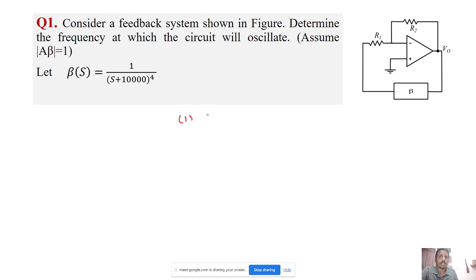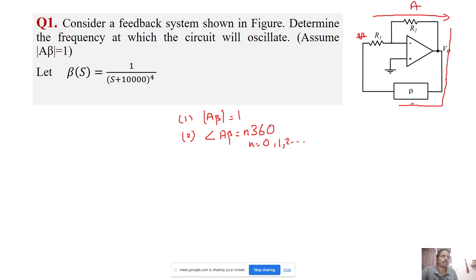One is that the loop gain must be equal to 1, and the second is that the entire angle due to this loop must be a multiple of 360, n 360, where n is equal to 0, 1, 2, etc. If a signal with phase theta travels through the amplifier with gain A and through the beta feedback, the angle when it reaches this end will be theta plus n 360.